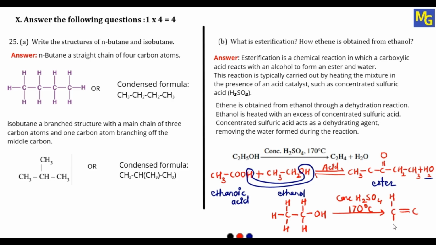So like this I can write H4. So if you see in this reaction what happens, this H and this OH will combine to give water, and here I will write that water. See this water. And the remaining all will be as it is, that is C C H H. But to balance the valency, the carbon-carbon will get a double bond here, and due to this it will become ethene. So this is ethene and this was ethanol.